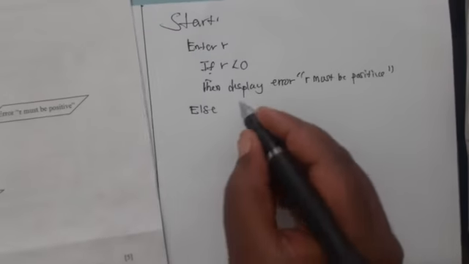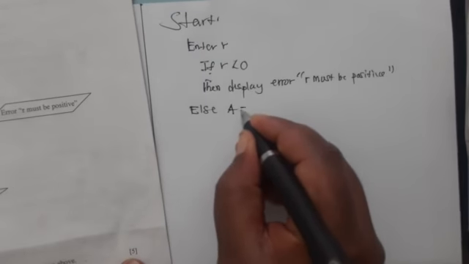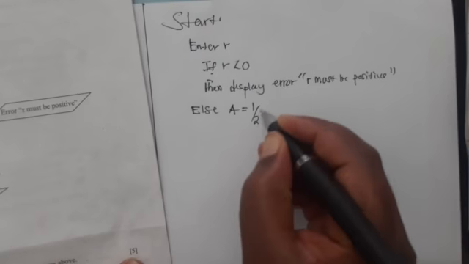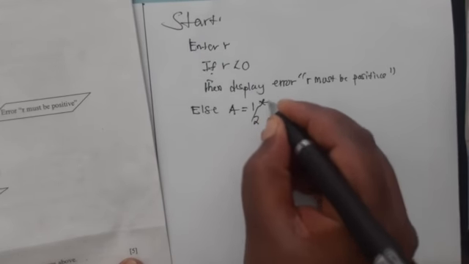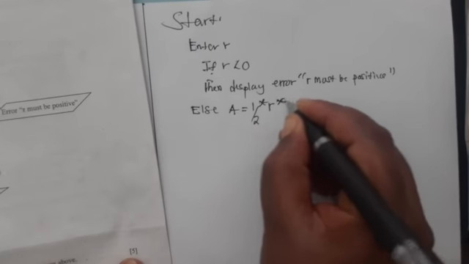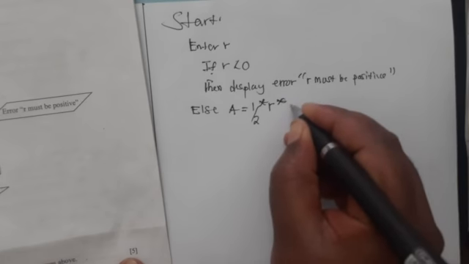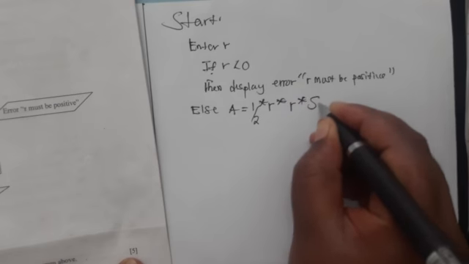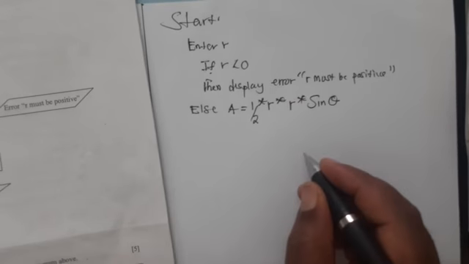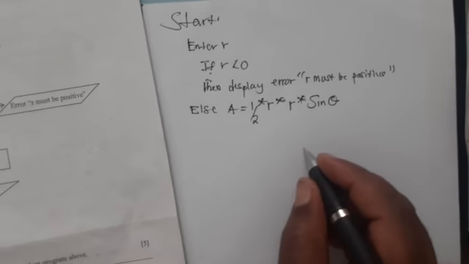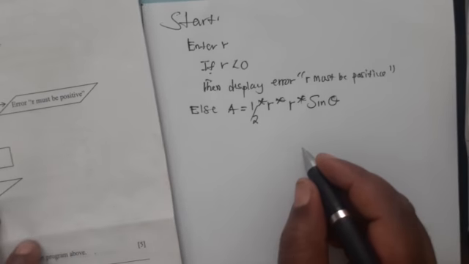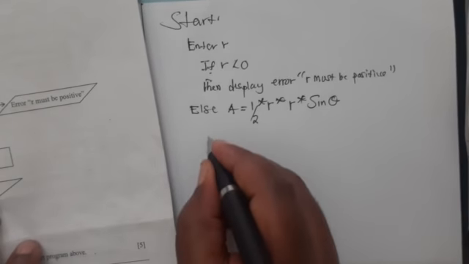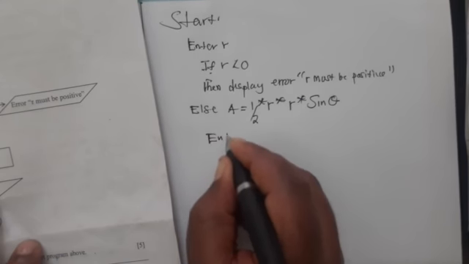We say area, else A is equal to 1 over 2 asterisk R asterisk sin theta. Okay? Then we come to display here. But before we do that, we should always say end if.